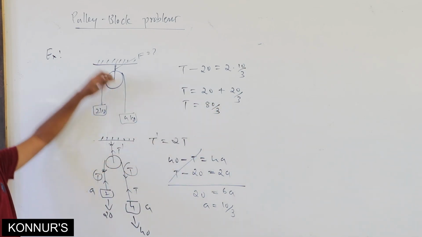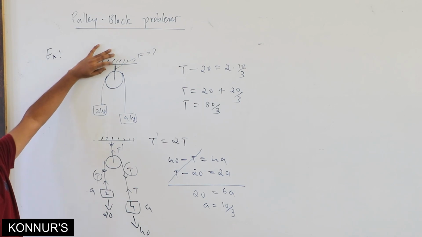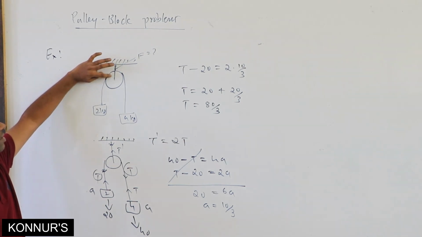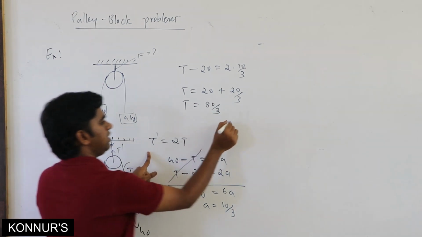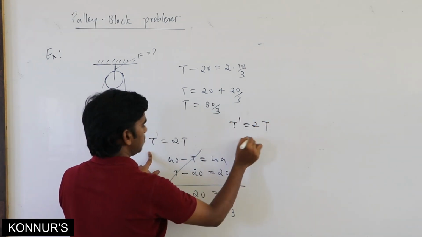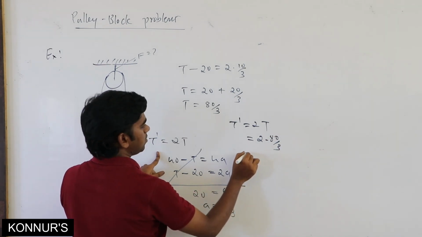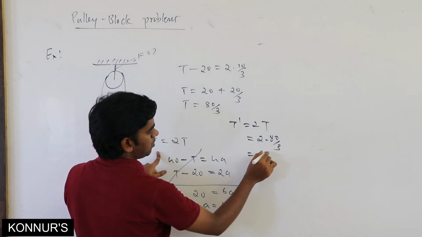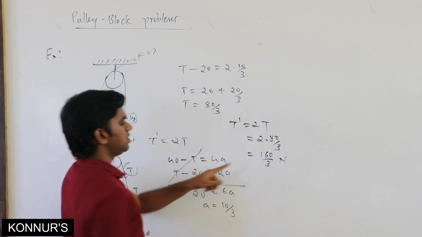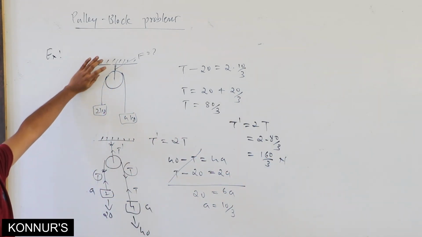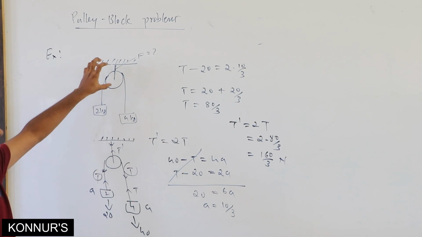So we got T. But what we actually want is the force exerted on the support by the pulley. That equals T dash, which is 2T. So we get 2 into 80 by 3, that is 160 by 3 Newton. This is the force exerted on the support by the pulley.